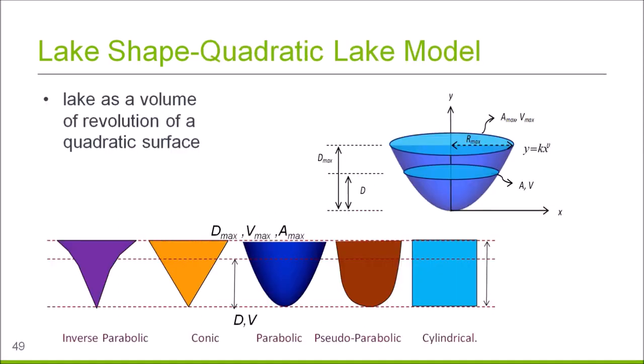Looking at the different shapes of different lakes, we proposed that we look at all the variation of lake shape, starting from inverse parabolic all the way to flat bottom, like a cylindrical shape. We try to approximate lake volume by an equation, and vary the exponent to see how it looks for different types of lake shape.